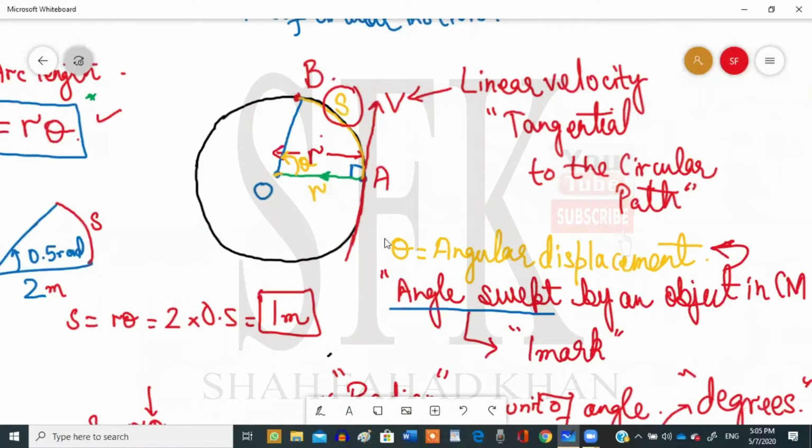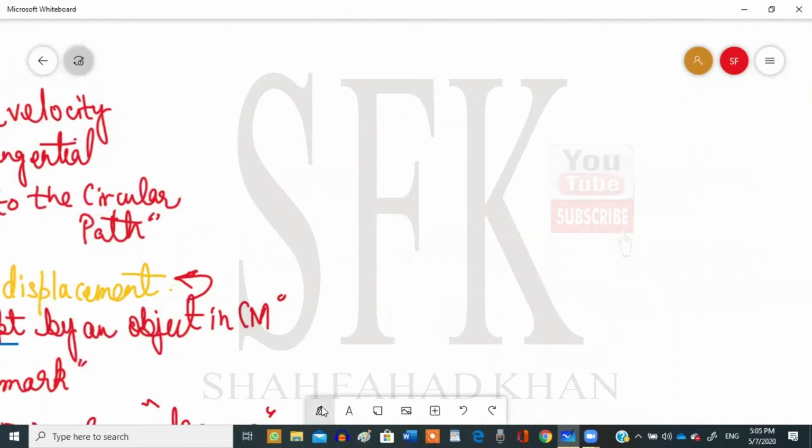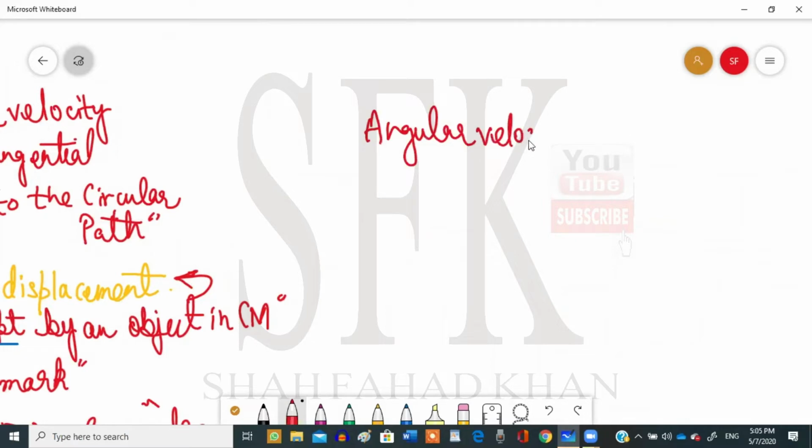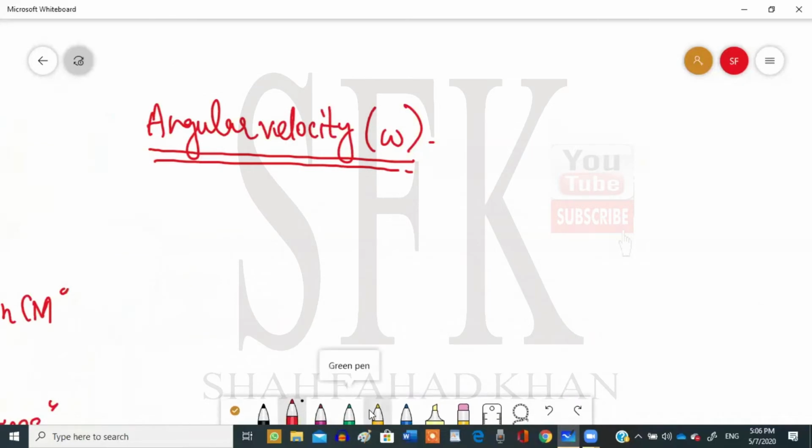Now the next term that we need to define is angular velocity. And angular velocity is represented by the symbol omega. Okay, what is angular velocity? Guys, before going on to angular velocity, you guys know what velocity is, right?